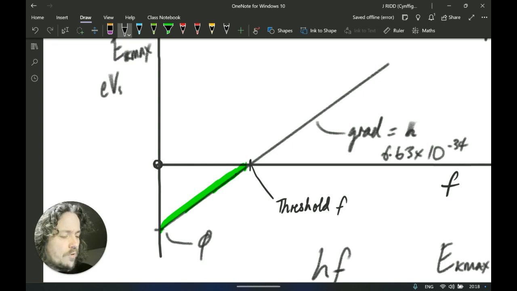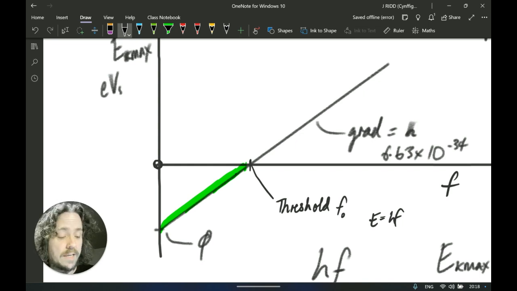So we call this the threshold frequency, sometimes f0, and it is the minimum frequency, and therefore energy, because don't forget, E is equal to hf. It is the minimum frequency required for the photoelectric effect to be observed, because at this point the electrons will have 0 kinetic energy; they will just be liberated, but not have any kinetic energy left over to spare.